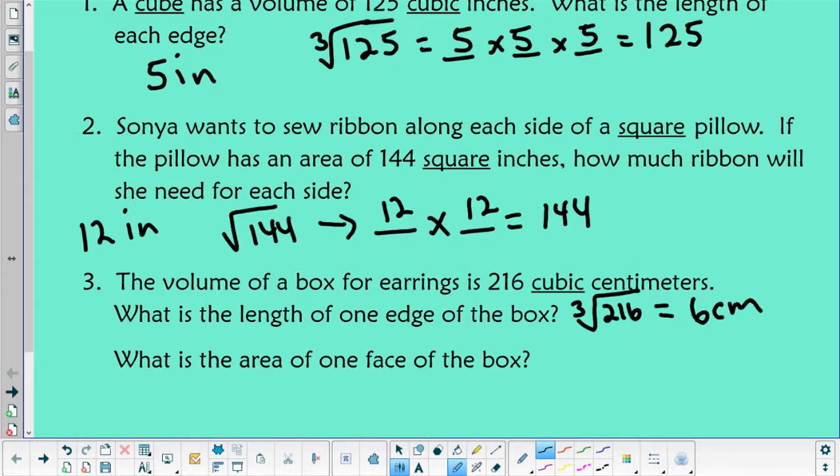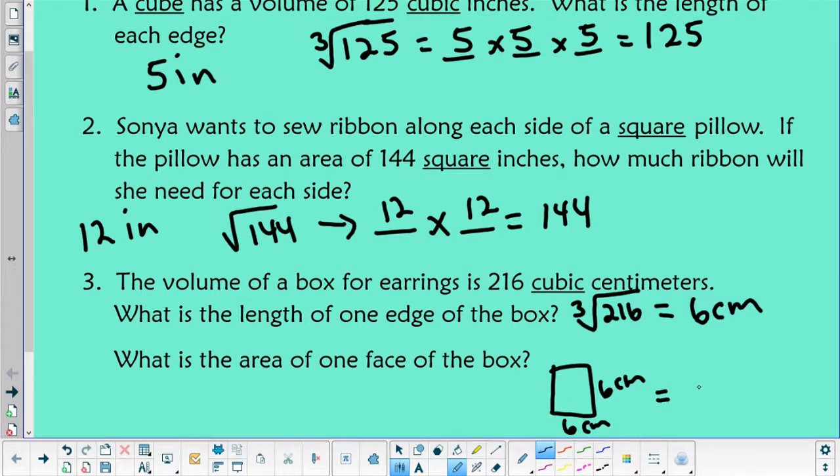Now the second question says, what is the area of one face of the box? Well, if we think of one face of the box, it is a square shape, okay? And if it's 6 centimeters wide and 6 centimeters tall, what would the area of the inside be? So we have to do 6 times 6 to find what's on the inside.